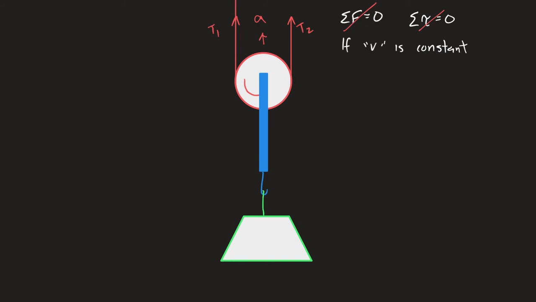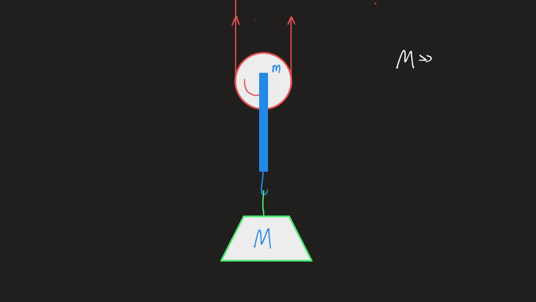If you think about it during the static case, so right now, just consider the case where you're holding it still. Let's say this is capital M, let's say this is lowercase m, and let's say that the box we're trying to lift is bigger than the pulley. That's not unreasonable. Even so, if the system's at rest, these two would be the same.